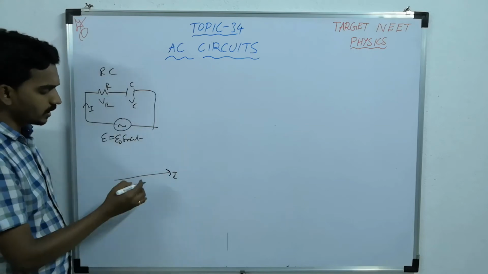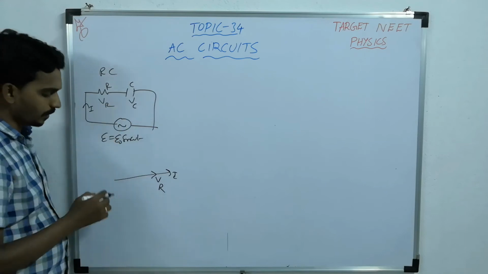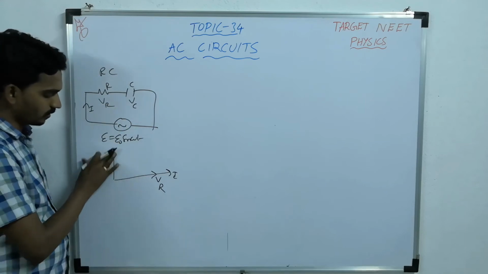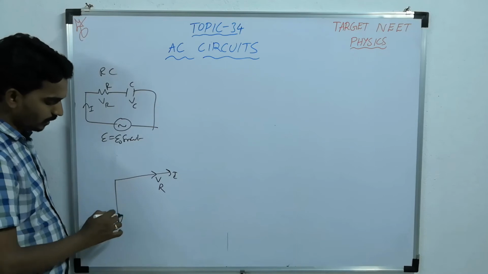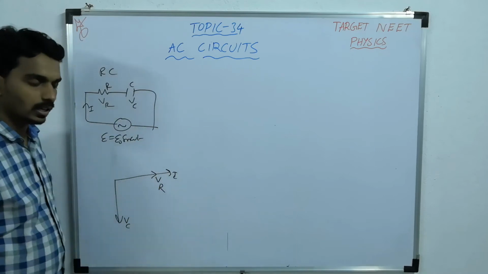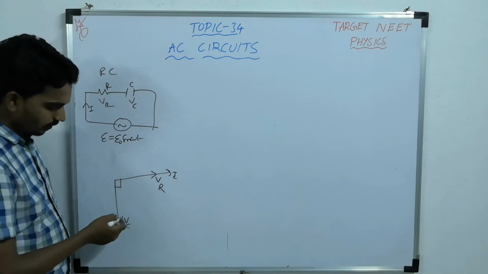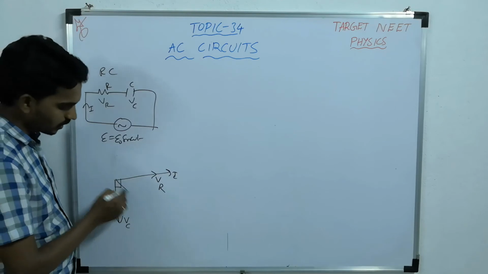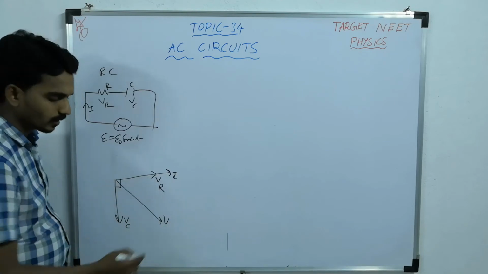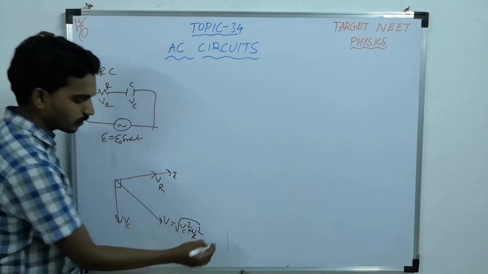The voltage in the resistor must be in phase, but the voltage in the capacitor must be lagging, because in the case of a capacitor, current dominates. There is an angle of 90 between VC and VR. So the resultant voltage will become under root VC square plus VR square.